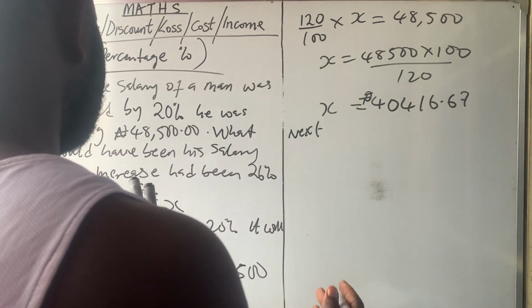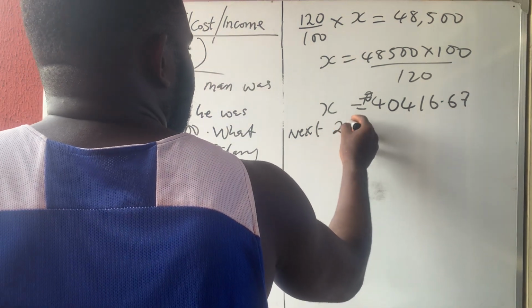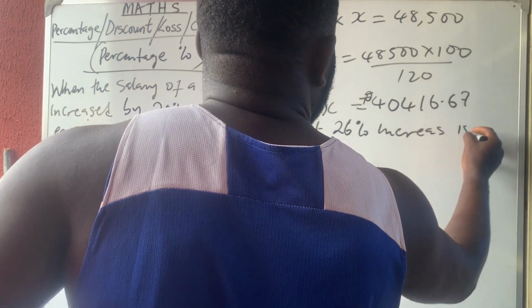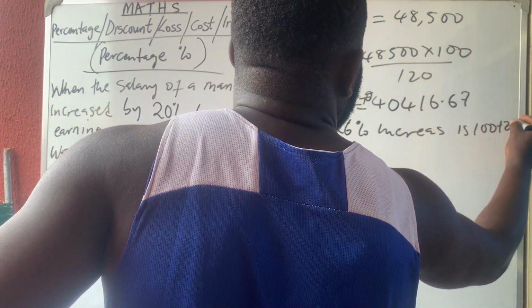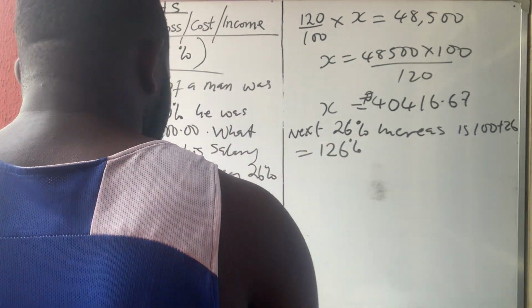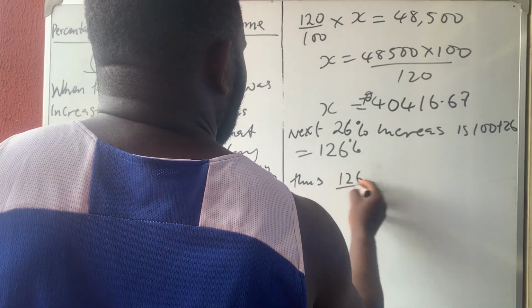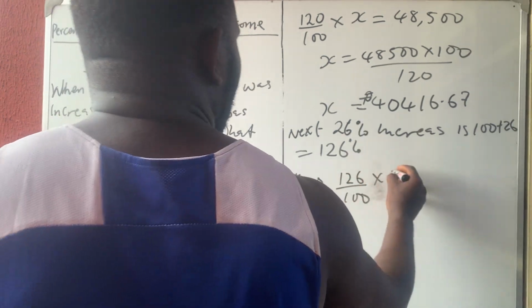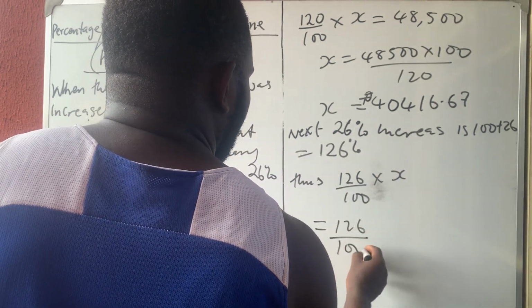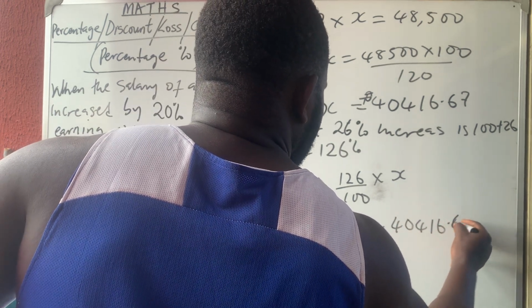Now when it is increased by 26%, we want to find the salary. A 26% increase is 100 plus 26, which is 126%. So to get the amount, it is 126 over 100 times the normal money x, which is 126 over 100 times 40,416.67.